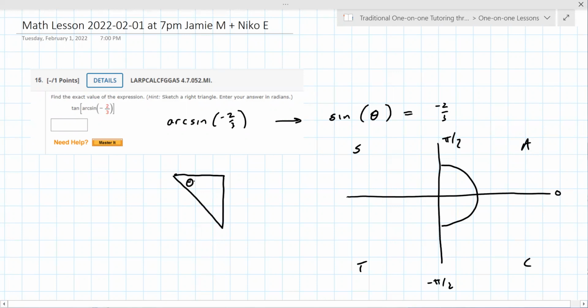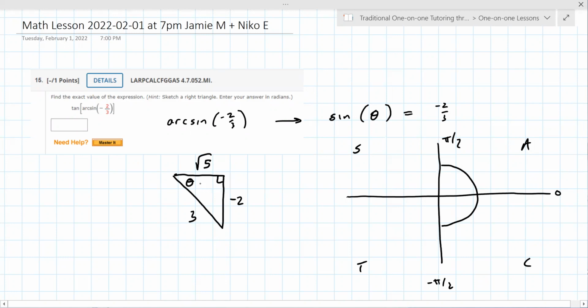So there's your theta in that fourth quadrant here, and your sine is -2/3. We have to find this side here. It's this squared minus this squared, square root of 5, and it is positive here. So it's this angle right here. The arc sine of -2/3 means the sine of this angle is that right there.